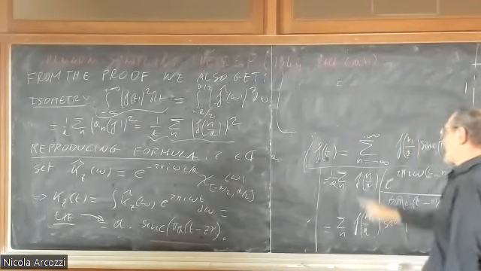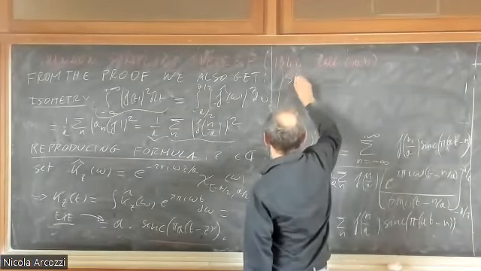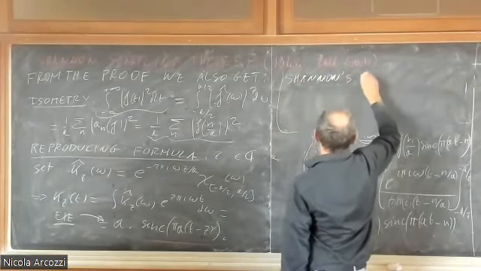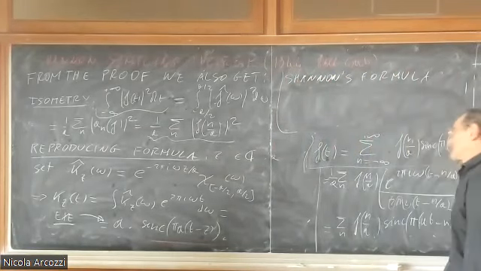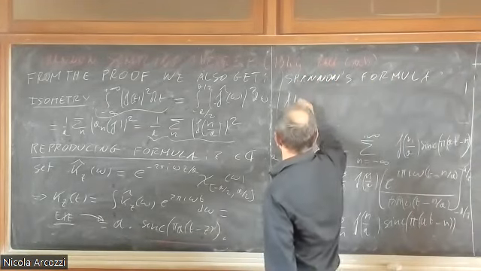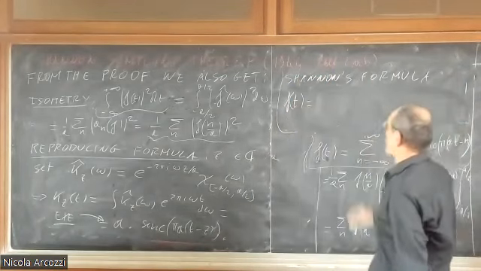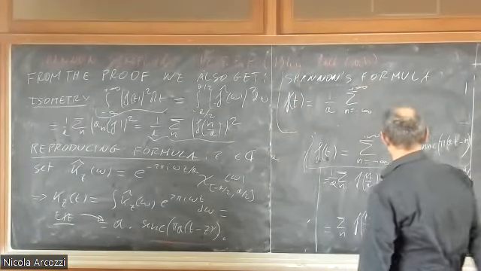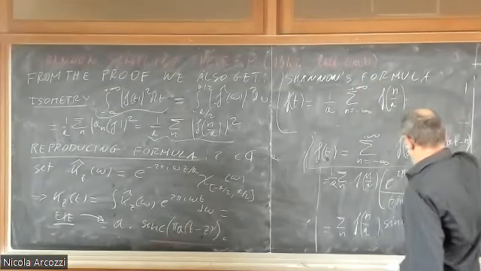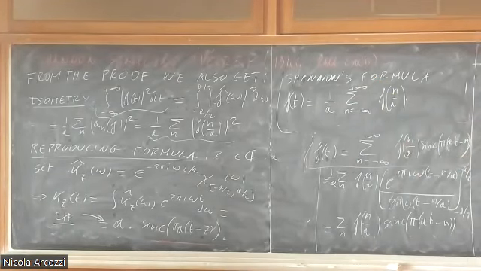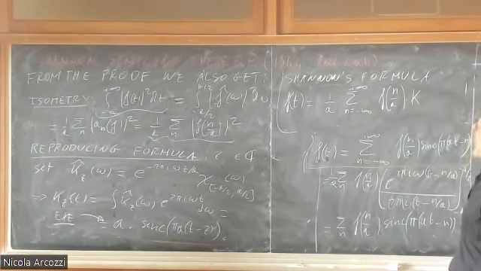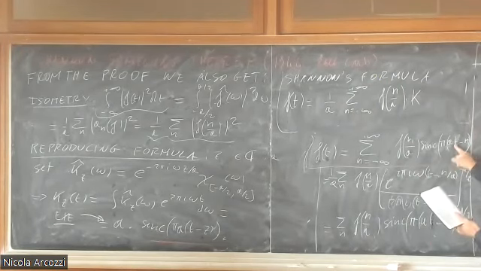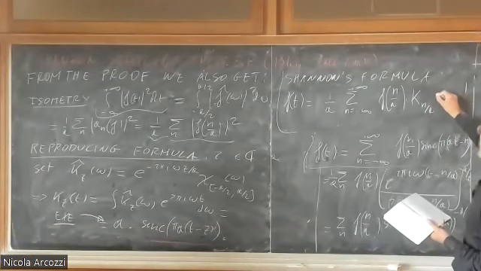Now, Shannon's formula becomes f of t is equal to 1 over a times the sum for n from minus infinity to plus infinity of f of n over a times this same function here, a times the same function, which means that this is k, the point where we want to put that, n over a at t.